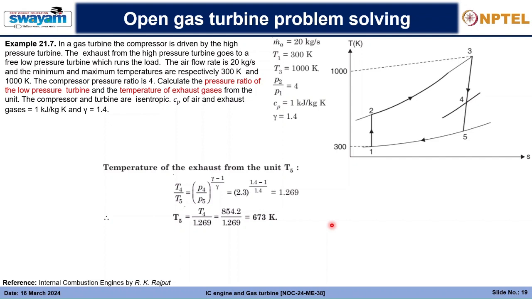So in this session, let us sum it up. In this session, we have learned the various concepts of gas turbines: the open cycle gas turbine and the closed cycle gas turbine.